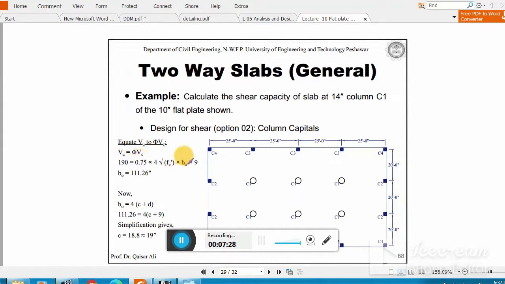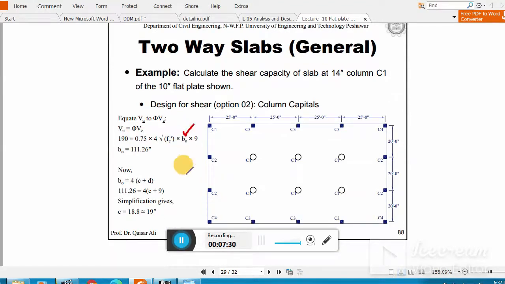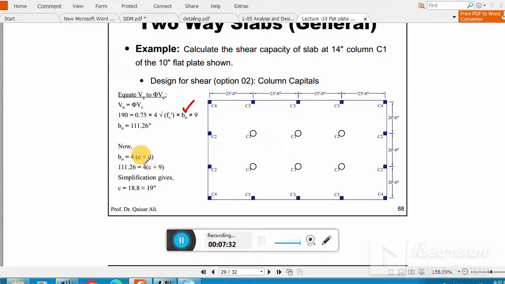From this we determine beta naught, and for a square column beta naught equals 4 times C plus d. So from this you will determine the C, because this is the size of the modified column.